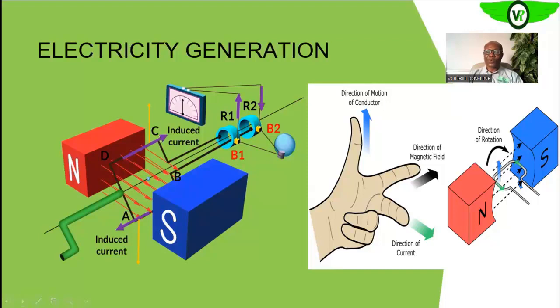So we will be having that induced EMF alternating directions, from forward in the upper part of the circle to backward, or downward, in the downward part of the circle. So we'll now be having alternating voltage, which is what we actually want.